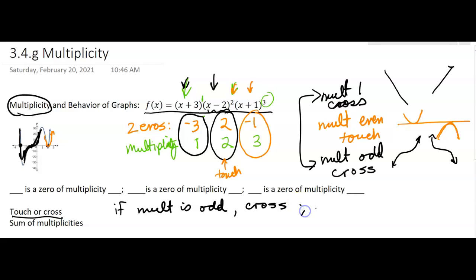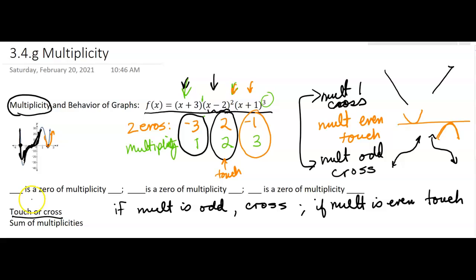If the multiplicity is even, it's going to touch or bounce, whichever way you want to think of it, okay? Now, I know this is a lot of information. There's lots of pieces to the puzzle in these graphs. So we put all the pieces together and we can graph a polynomial function. You might want to review or make a note card. We're going to go through these piece by piece, and then at the end, we're going to put it together. Okay, but I wanted to talk about 2 more things.